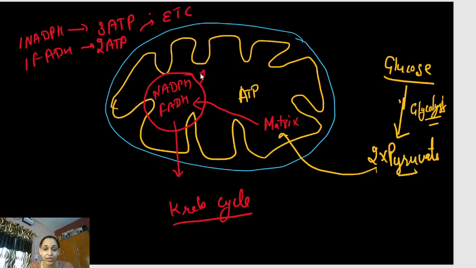Electron transport chain takes place in the inner membrane. Infolding structures increase the surface area, so the more the area, the more electron transport chains, and the more ATP will be formed.